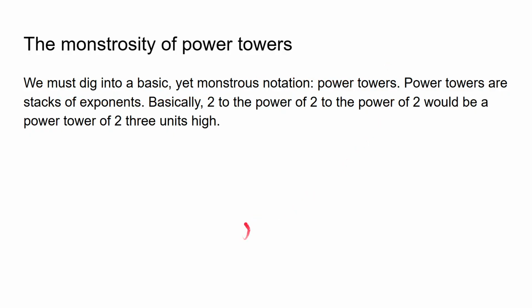Power towers basically are when you have a number, like let's say 7, and then it's powered to the 7, which is powered to the 7, and then that 7 is powered to this 7. So it's like 7 to the power of 7 to the power of 7 to the power of 7. That's a power tower of 7s, 4 units tall. 7 to the 7 is already quite a large number. 7 to the 7 to the 7 is 7 times itself 7 to the 7th times.